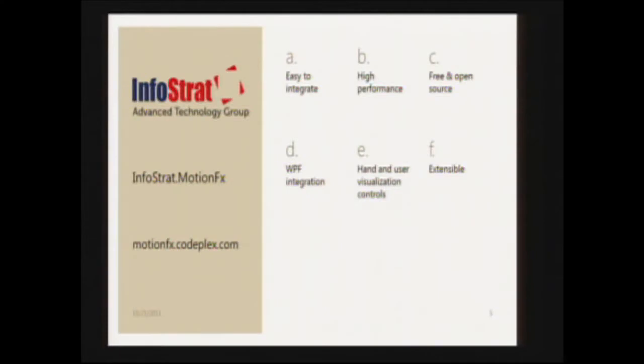One of the things I'm working on at work, and this is partially open source and partially proprietary, is a library called Motion Effects, and it basically integrates the Kinect SDK in with the multi-touch libraries. So you can take a multi-touch application and add a couple lines of code, it becomes a Kinect-enabled application.